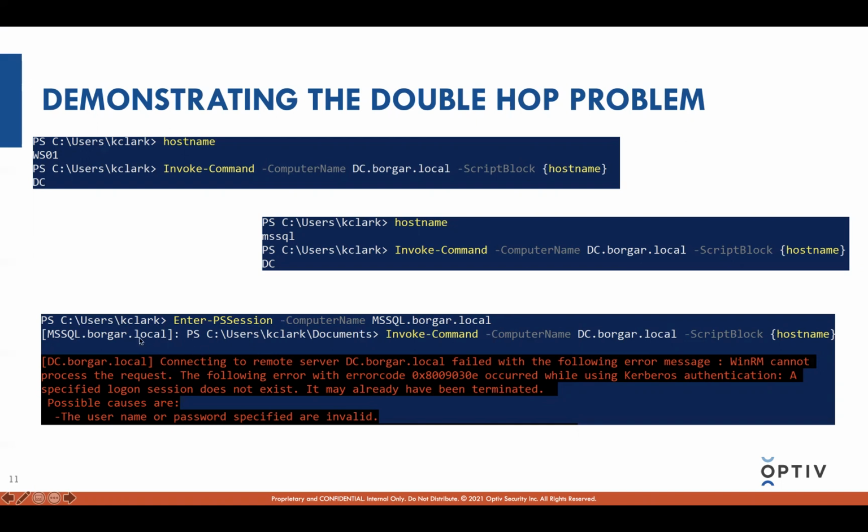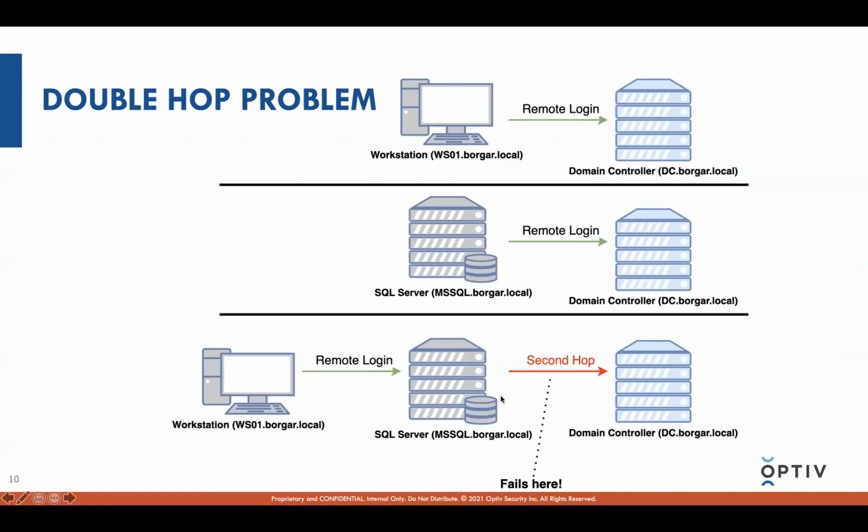So even though I have a session of a domain admin in this screenshot, it's not letting me authenticate to remote resources because of that network logon and how credentials are not cached. So I can't use that session to authenticate to remote resources. And that's the double hop problem, right? That second hop here is where we run into issues.